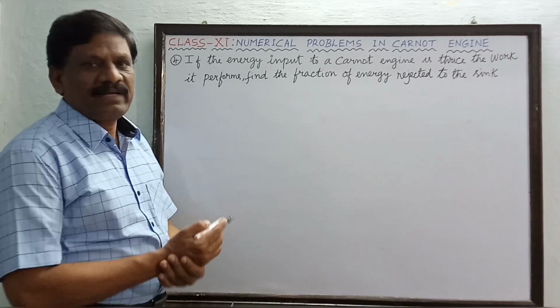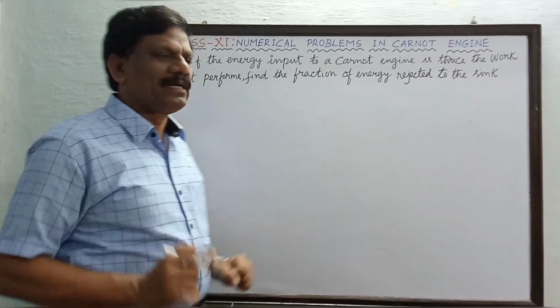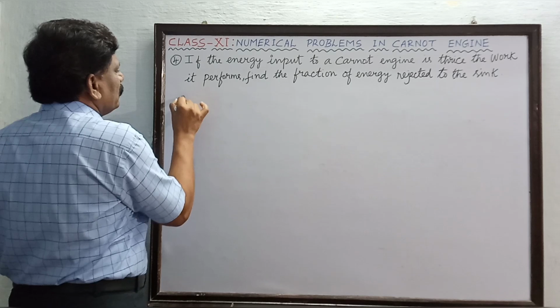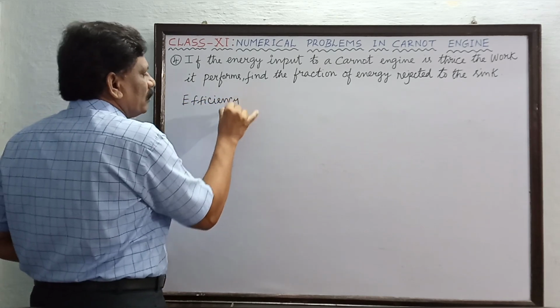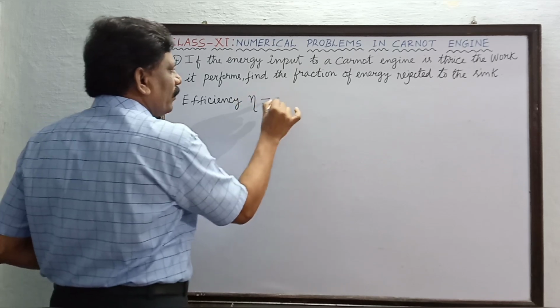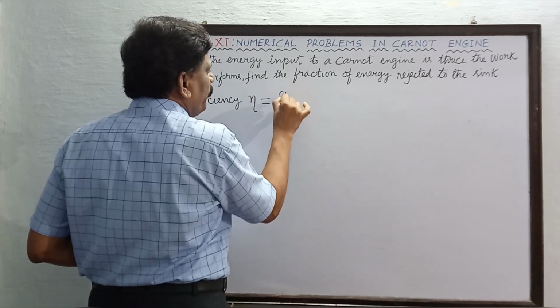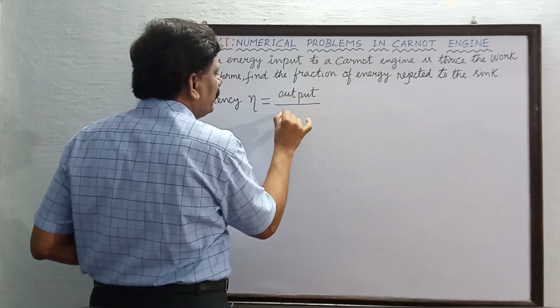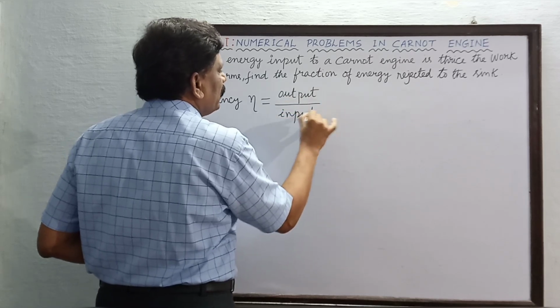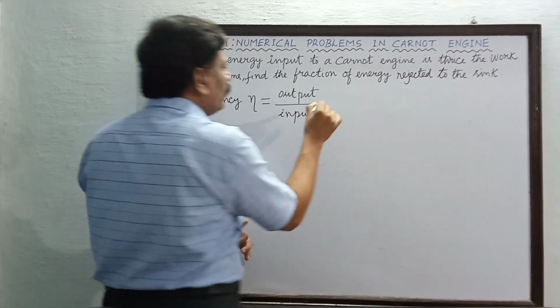Now we have studied the efficiency of a Carnot engine. So the expression for efficiency in general: efficiency is equal to the output of the engine divided by the input. So what is that output?